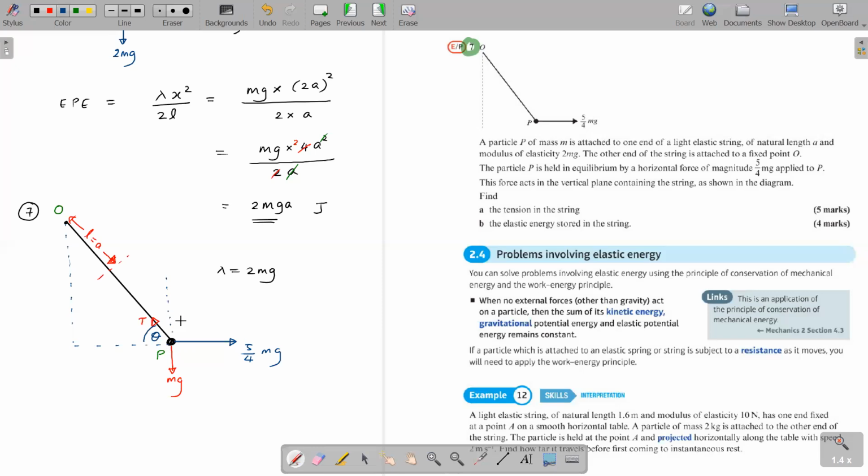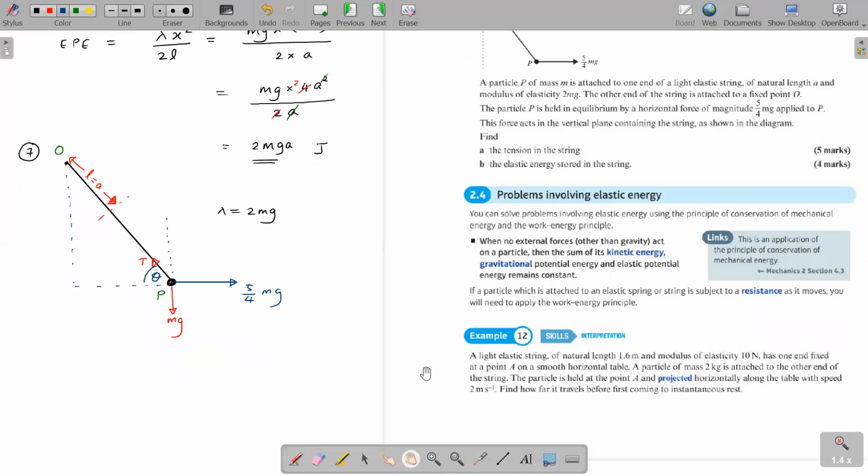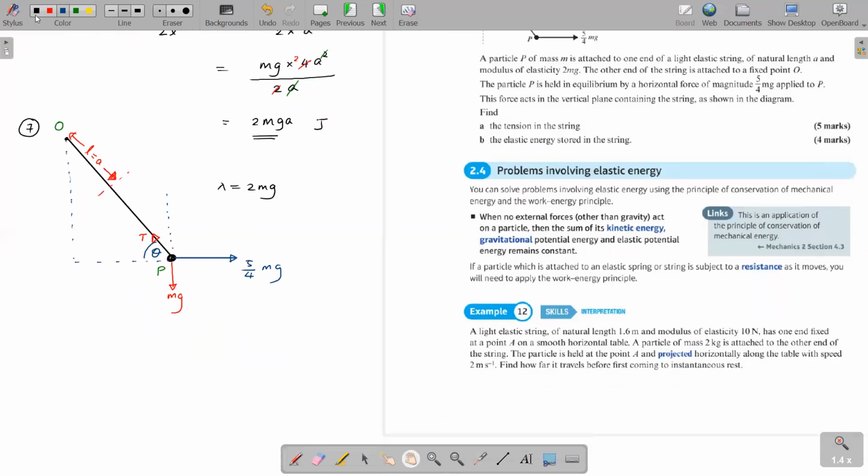Okay, so let's write what we know. We do realize it's in equilibrium, so we can equate the forces horizontally and vertically, right? If you consider vertical equilibrium, what do we get? T sine theta is equal to mg.